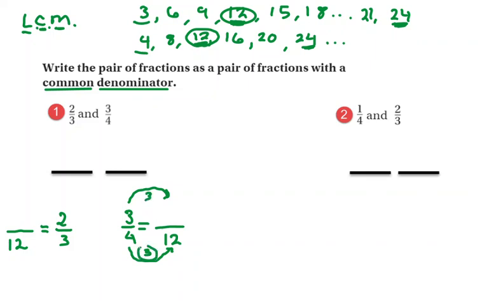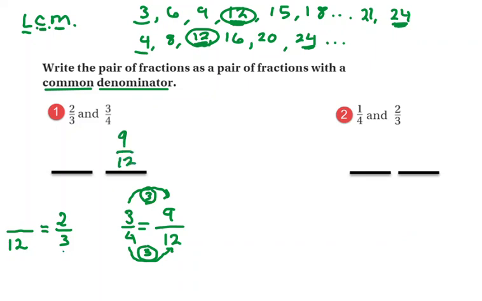If we used a 3 down here, we have to use a 3 up here. 3 times 3 is 9. Now, 3/4 is the exact same thing as 9/12. They're equivalent fractions. You can cross multiply to check if you wanted to, right? 4 times 9 is 36. 3 times 12 is 36. All right, so 3/4 is the same thing as 9/12. So we can come up here and write 9/12. That's one of our answers.